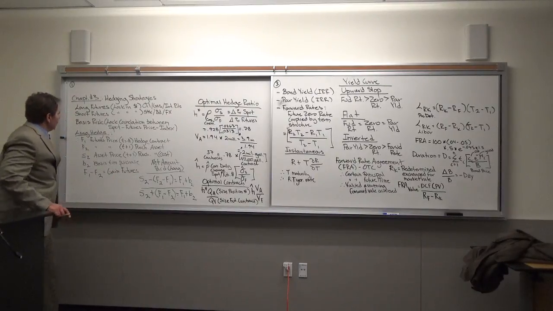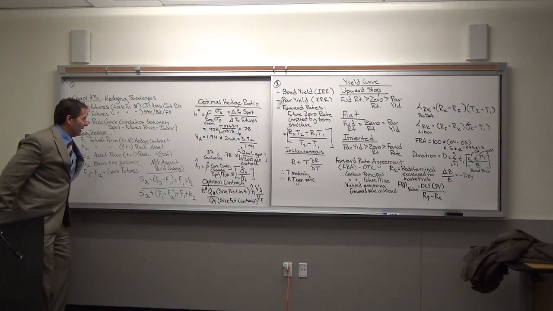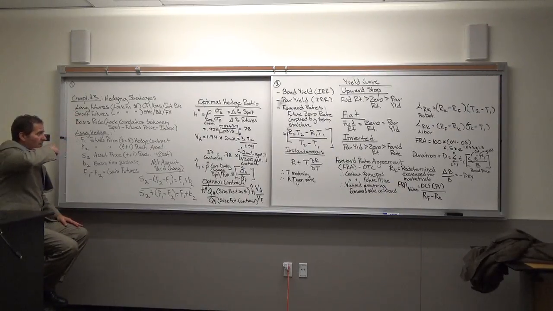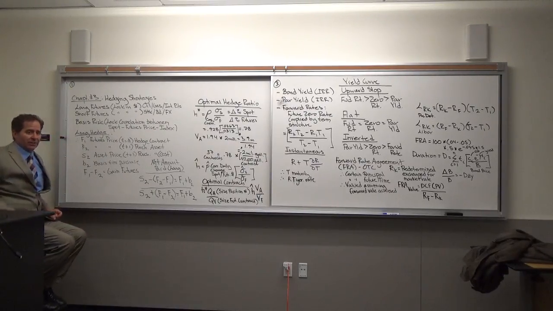You want to lock in that price. If prices go up, especially input costs such as gas and oil, then your margins are going to be reduced. So you're trying to hedge off any upward movements in prices.